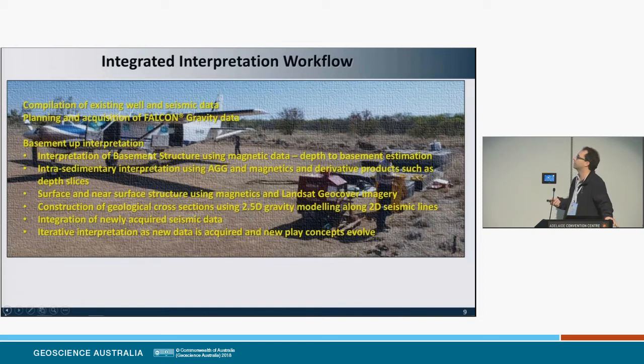So we started the basement structure using the magnetic data, which was the 400 metre line spacing TMI data that the West Australian government flew. And we did a depth to basement estimation based on that. And then the intra-sedimentary interpretation was using the AGG. And this is where it sort of came into its own.